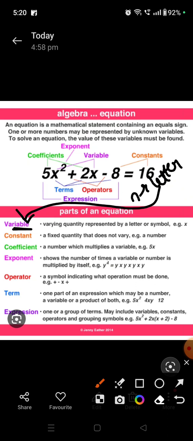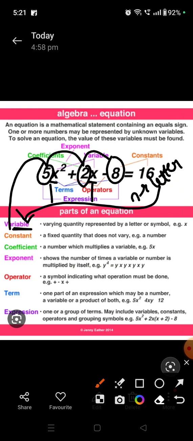So see, this is the variable, this is the variable. Constant, a fixed quantity that does not vary. Example, a number. This 5, this 8, all of these are constants.